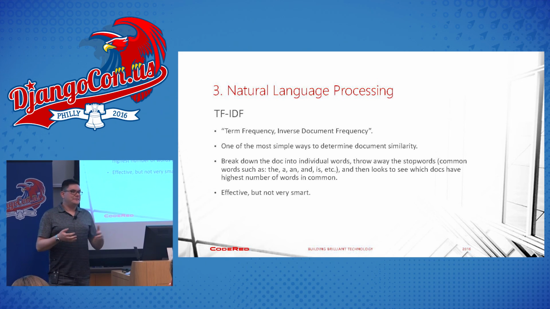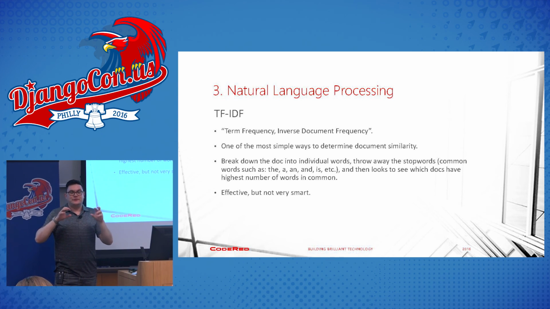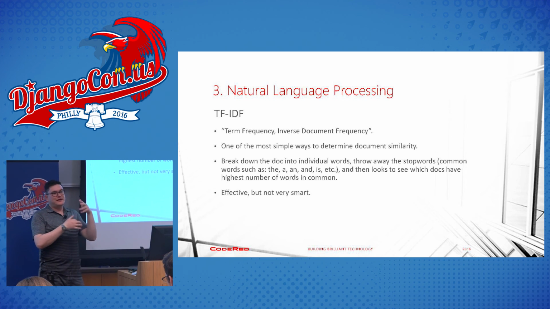And basically what that means is it looks at both of the documents and says which terms show up most frequently within those documents. So if you have 3 documents and one of them has the term love in it repeated 10 times, and another one has the term love once, and the third one has the term love 5 times, then document 1 and document 3 will be determined to be the most similar out of that group.